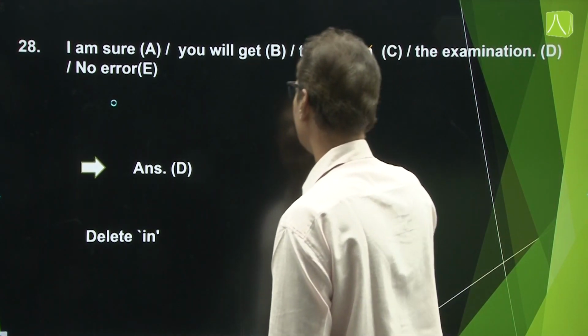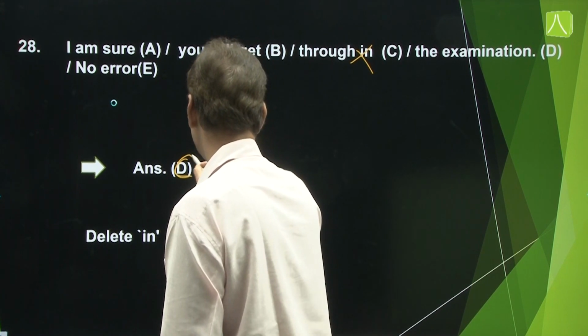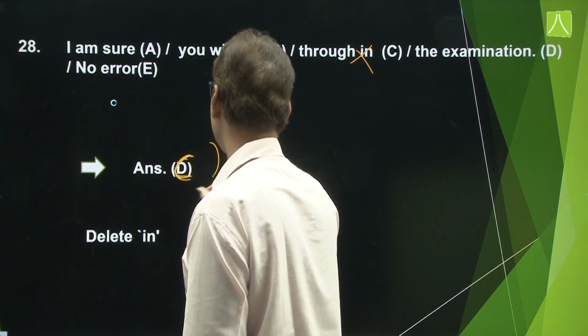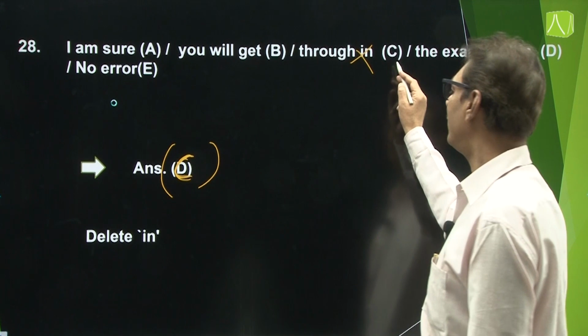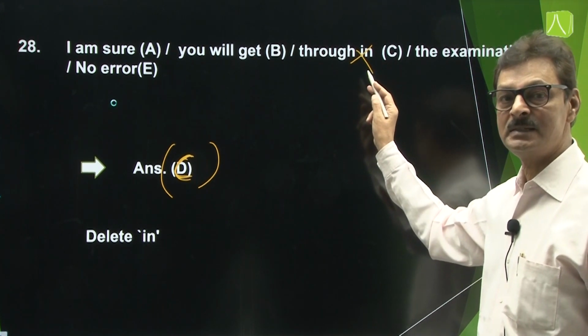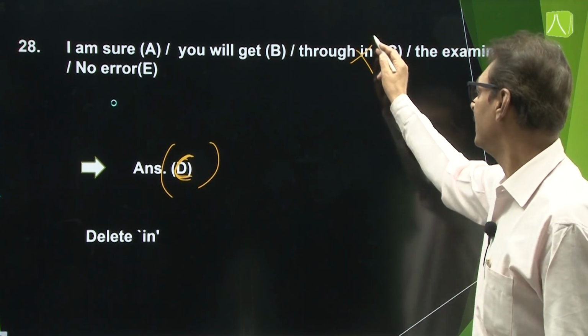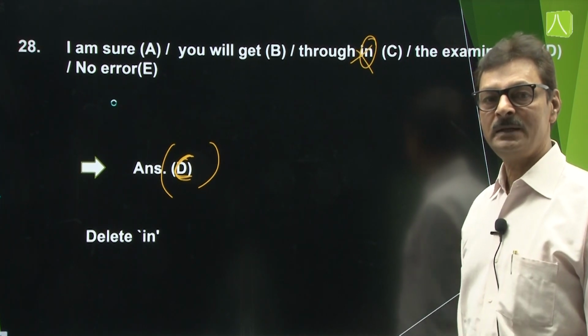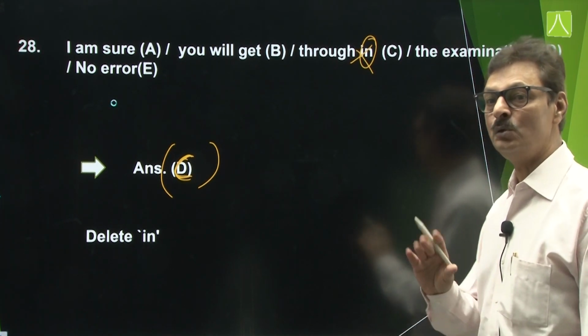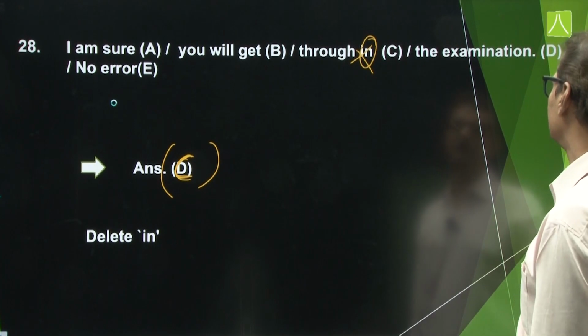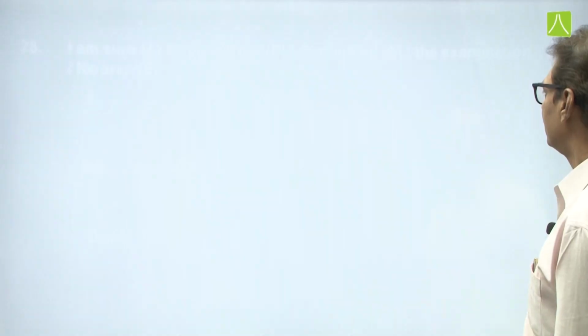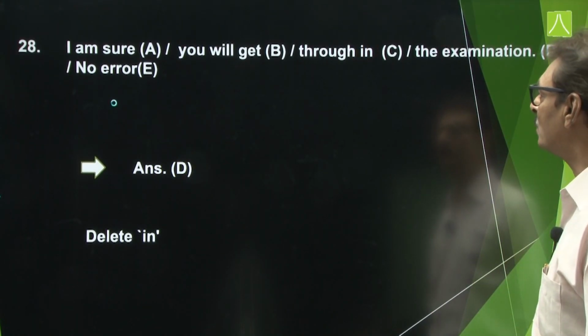This should be deleted. The error will be in part C. The typing error from my side. Yes, ये जो in है, this should not be reflected. We always say get through, not get through in. Get through something, not get through in something.